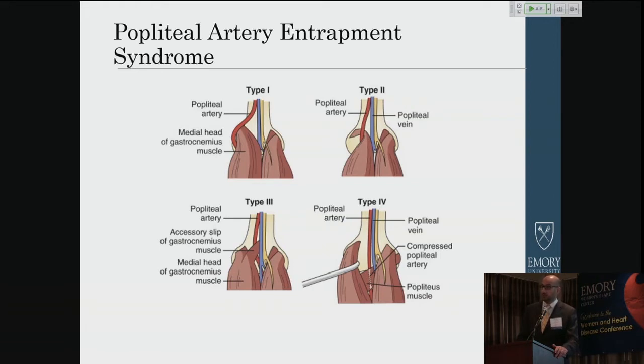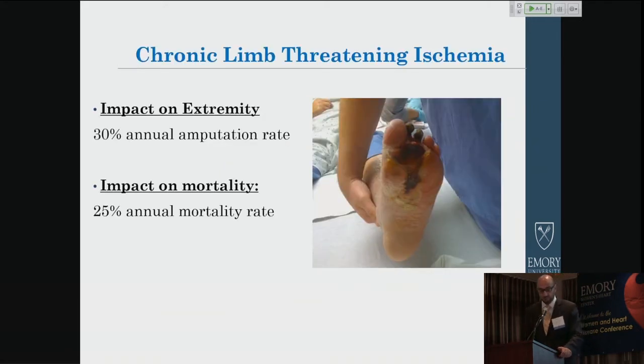It is related to the enlargement or hypertrophy of the medial head of the gastrocnemius muscle in the calf, or sometimes due to abnormal insertion of the muscle head behind the knee, resulting in abnormal compression of the popliteal artery.